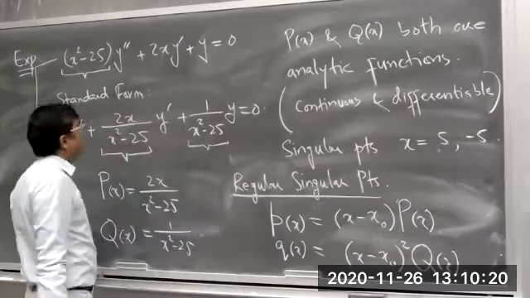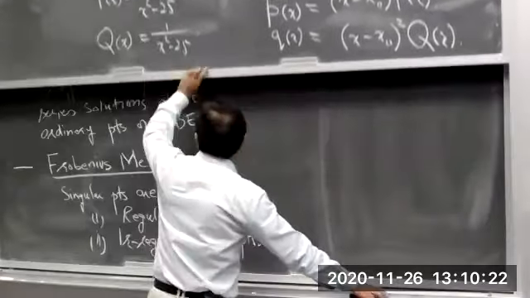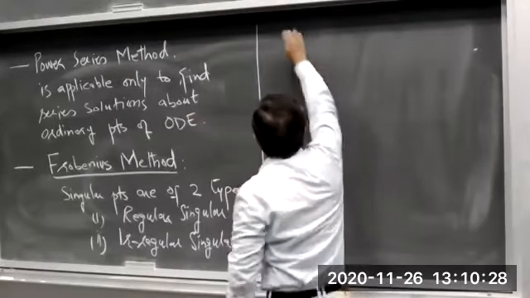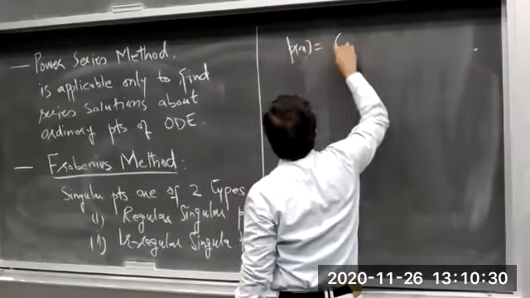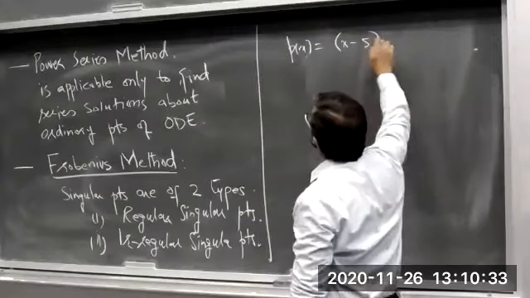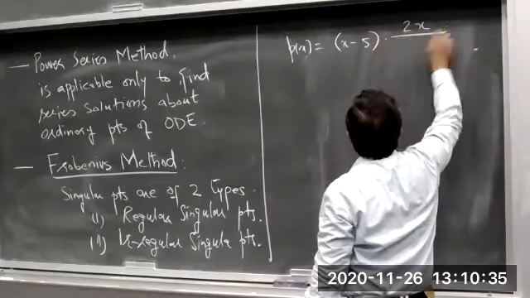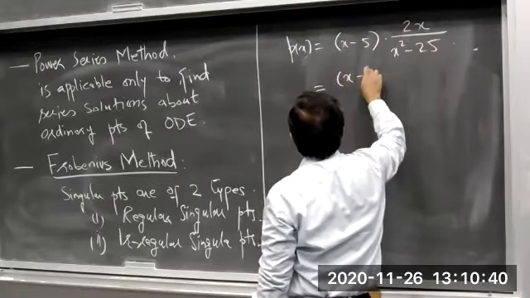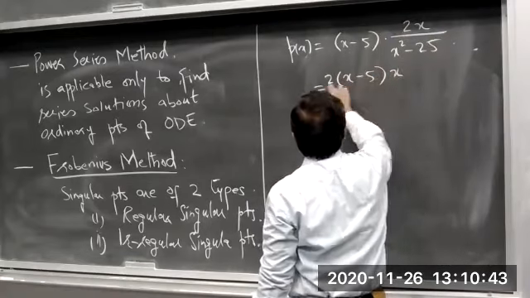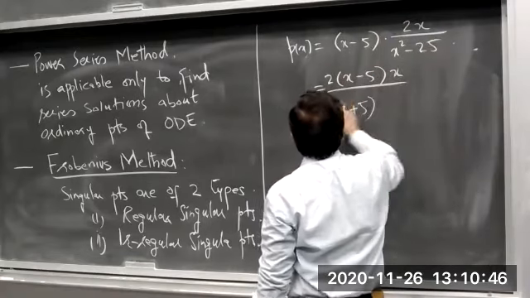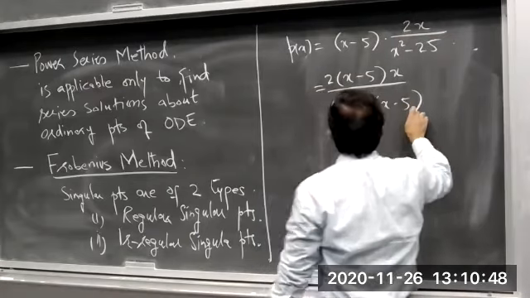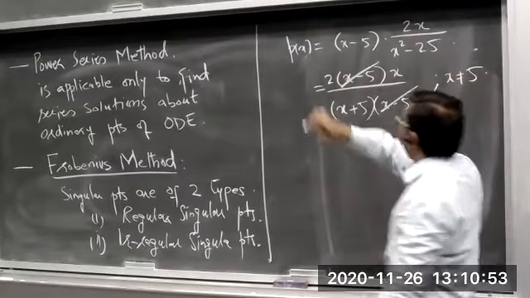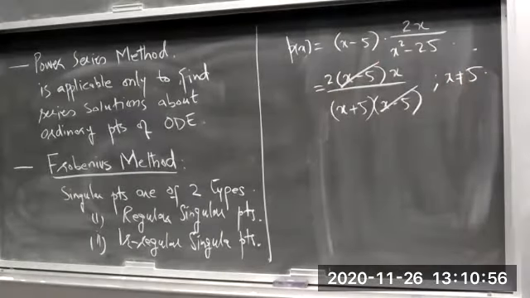Okay. How do we check it? Let's check them. Okay. यहाँ पे small p of x आपके पास क्या हो जाएगा? It is what? X minus 5 times capital P of x is into 2 times x divided by x square minus 25. ठीक है. अगर आप यहाँ पे देखें x minus 5 into 2 into x divided by x plus 5 into x minus 5, ठीक है. अब यहाँ पे हम कहेंगे x is not equal to 5 और x minus 5 कैंसिल हो जाएगा, ठीक है.